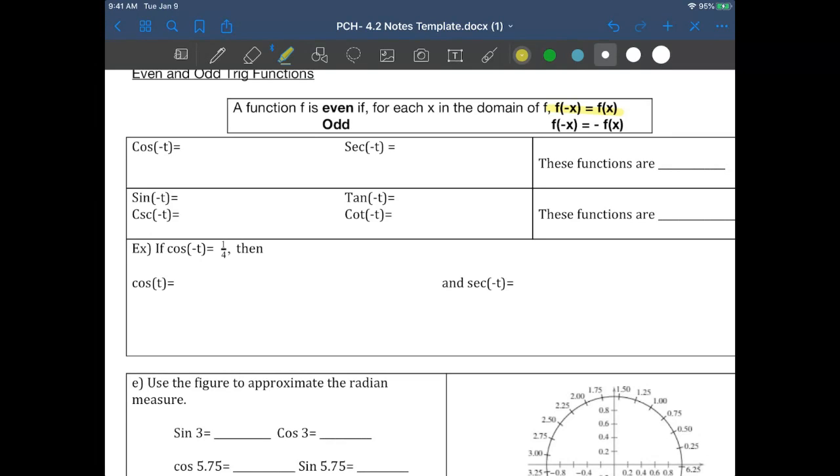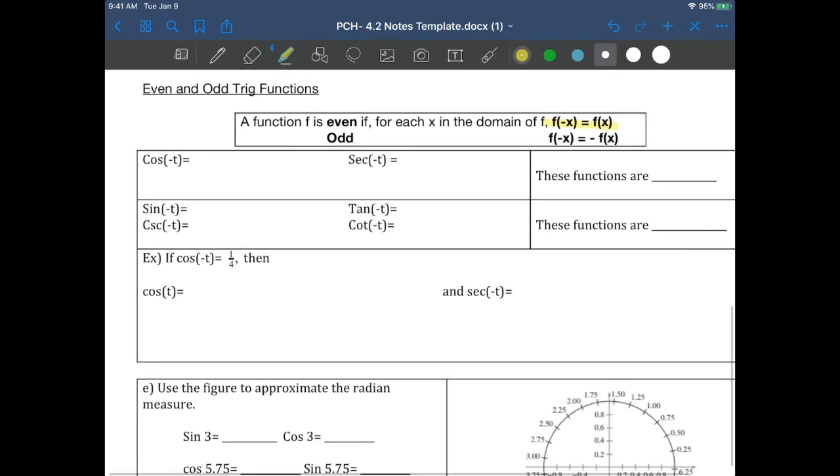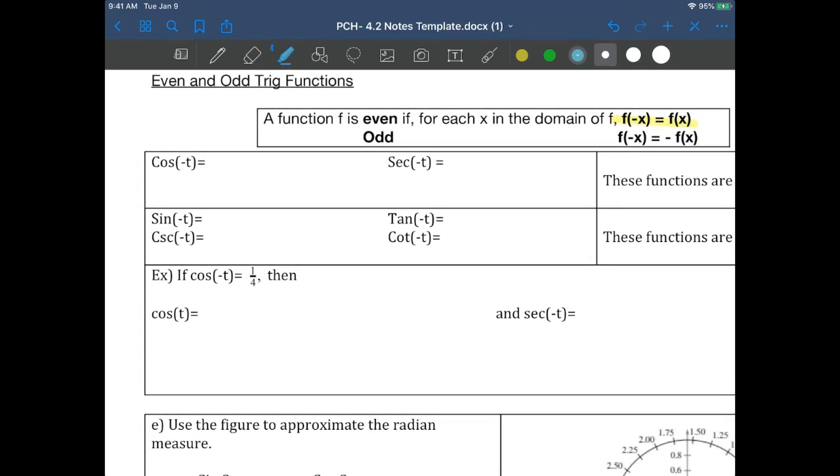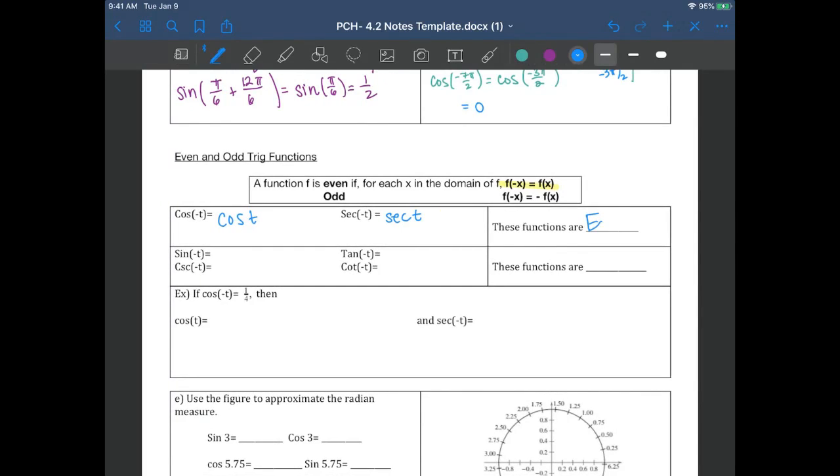The cosine of negative t is equal to cosine of t, and because cosine and secant are reciprocals, the secant of negative t is equal to the secant of positive t, which makes these even functions.